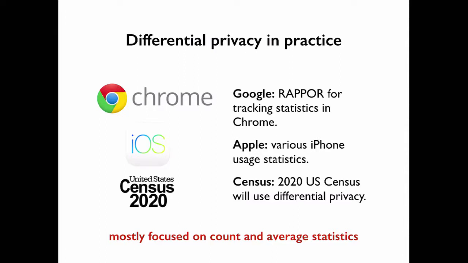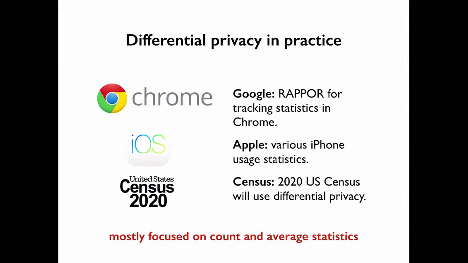It transmits user statistics with differential privacy back to Apple. And the 2020 United States Census is going to use differential privacy. So these are some high-profile use cases of differential privacy in practice.